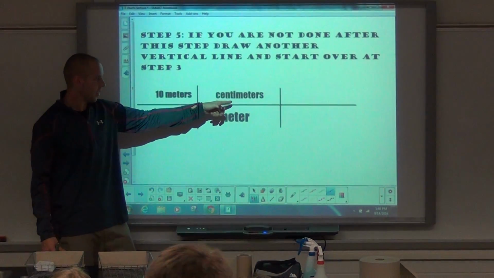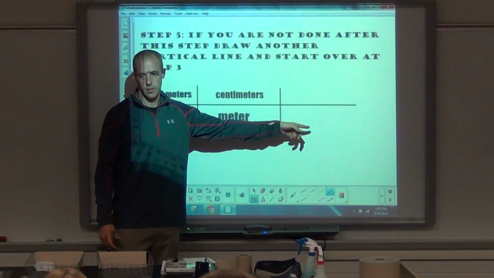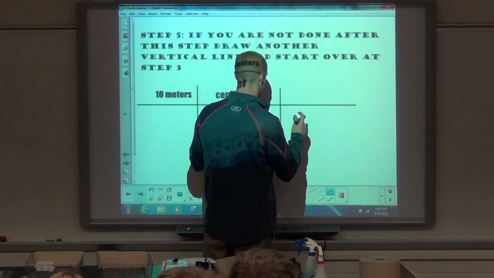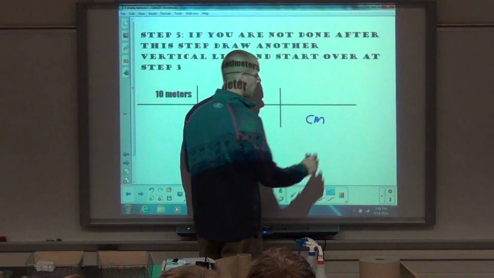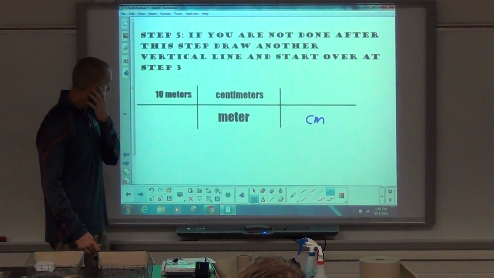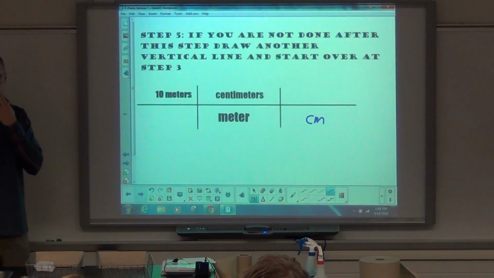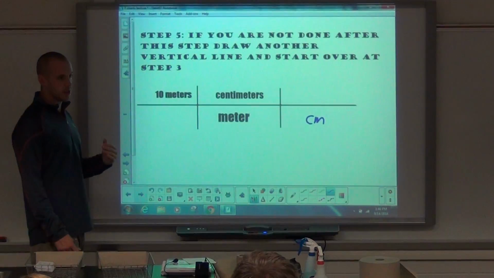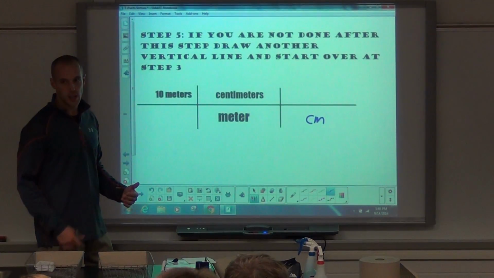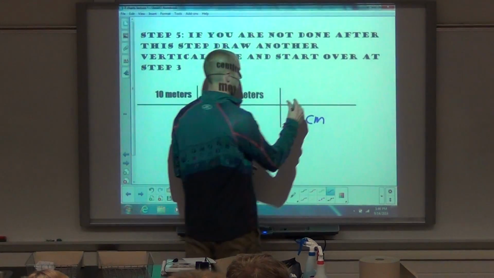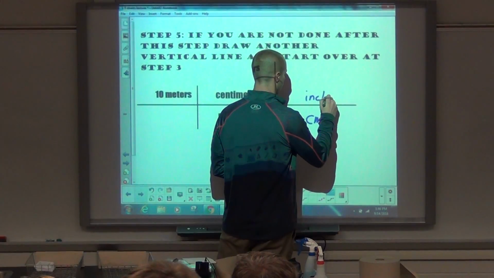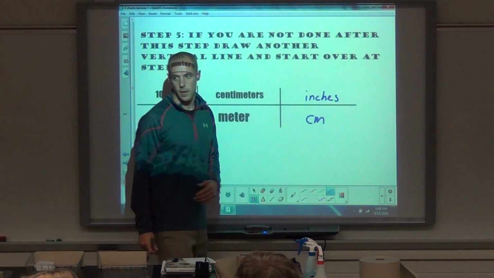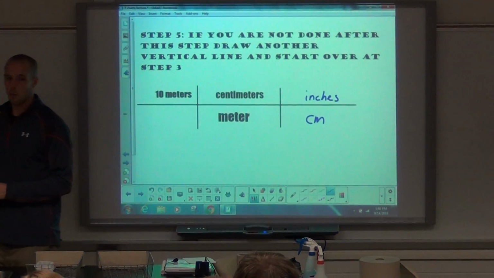So if it's up here, it's got to go down here every single time. We take centimeters from here, we put centimeters down on the bottom right. Now I just told you we do have a conversion from centimeters to inches, correct? So now we can put inches on top.